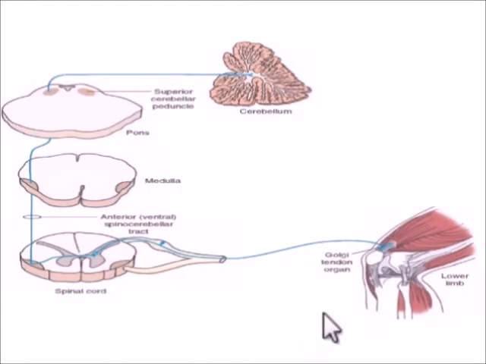The other tract is anterior spinocerebellar tract, and this tract also comes from the lower part of the trunk and lower limbs, and also arises from the Golgi tendon organs and muscle spindles, but this tract mainly carries the sensation of crude touch and pressure.